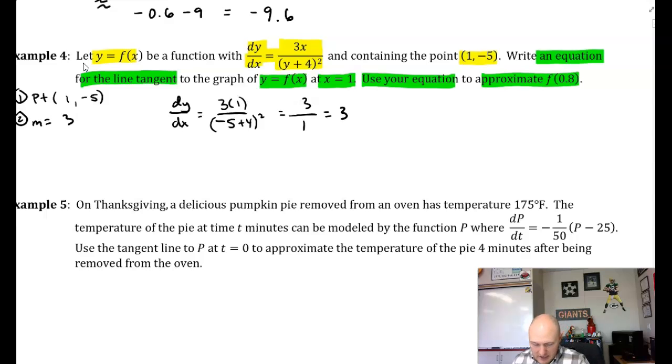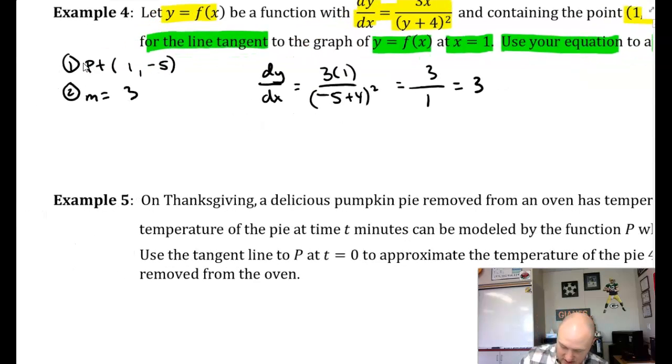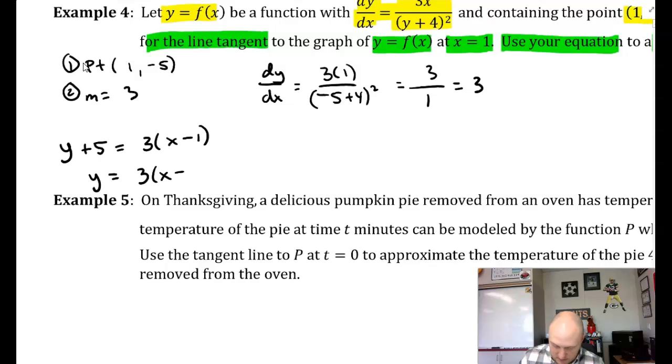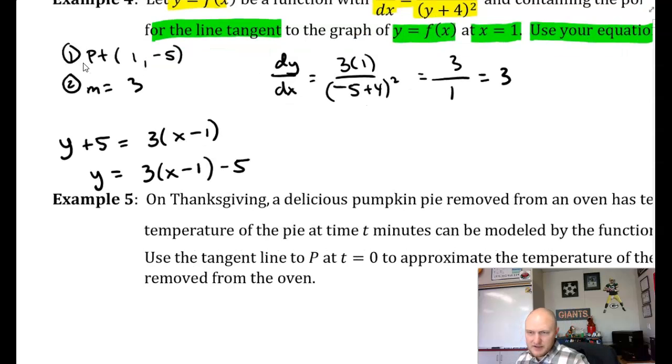Okay, so now I'm going to do the first task. y plus 5 is equal to 3 times (x minus 1). And if I want to put this in an equation that's ready to go ahead and calculate, it is 3 times (x minus 1) minus 5. Now notice I don't distribute that 3 because the way these problems work out, I'm going to plug in a value that's really close to my x1.